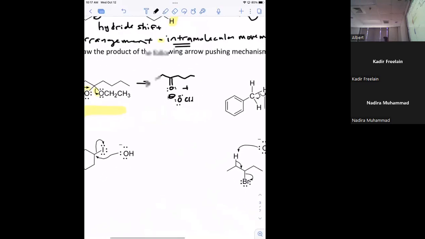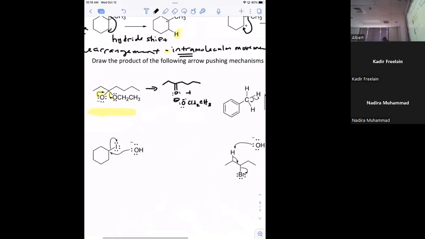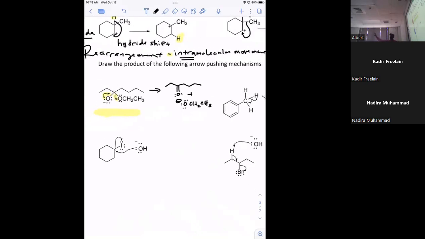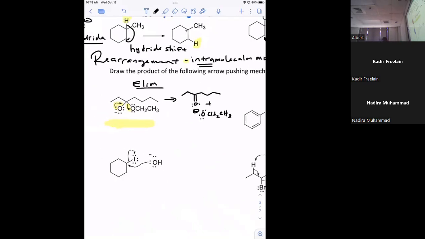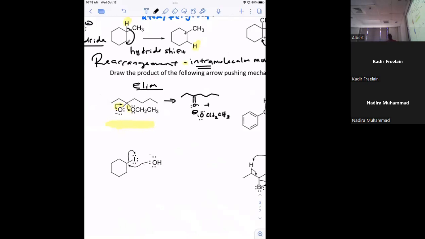And oxygen is negative because it picked that pair of electrons up. What type of reaction is that? I lost something and I made a pi bond in the process. It's an elimination. Good. I lost a leaving group and I made a pi bond in the product at the same time.